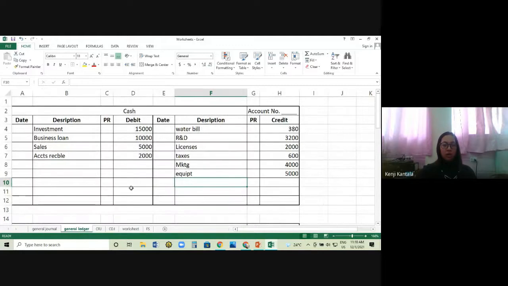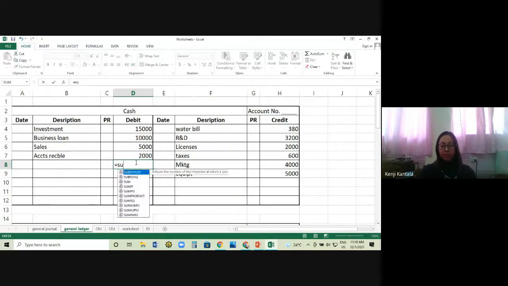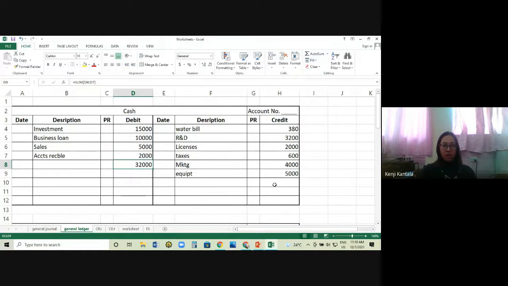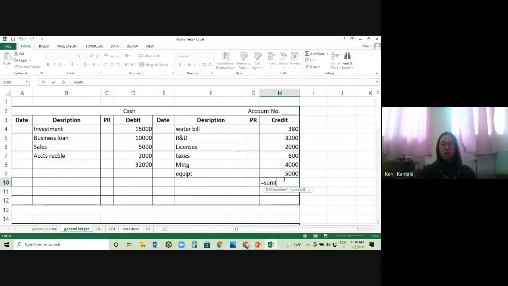Balik tayo dito. And then we get the totals of each side. We have here 32,000 on our debit side. And then we have 15,180 on our credit side.